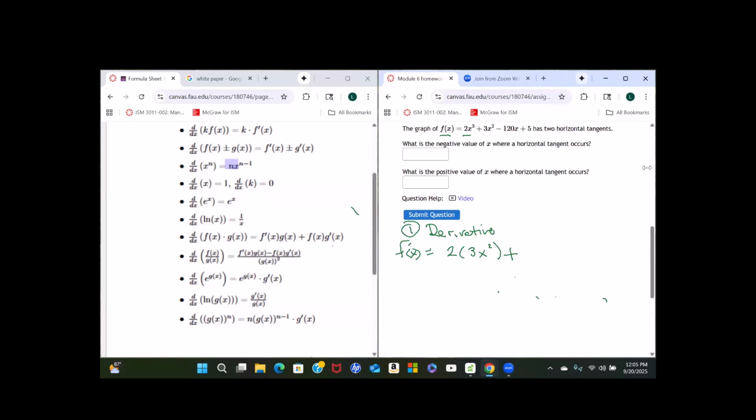You did perfect. Plus, then 3. Here I have 3x squared, but if I look at the formula, what do I have?